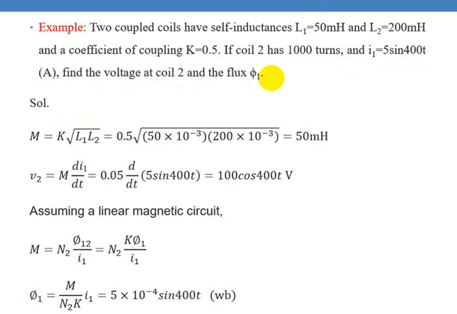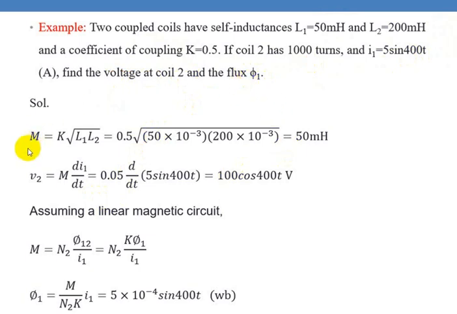There are two coupled coils. The self-inductances are given. Coefficient of coupling is also given. And the number of turns in coil 2 is given. And the current flowing in the coil is given as I1 equal to 5 sin 400t. Current is given in time domain. So find the voltage at coil 2 and flux Φ1. Φ1 is nothing but the total flux produced by coil 1.